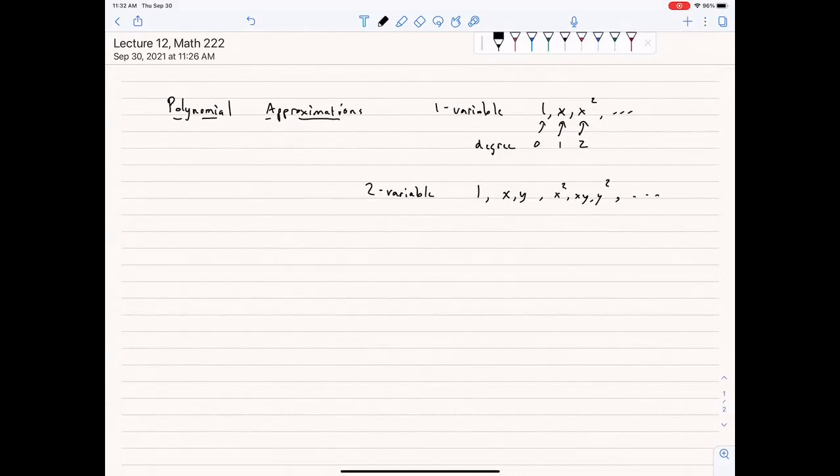And here, our degree is the sum of the exponents of the variables. So here we have degree 0, but then in degree 1, we have two possibilities, x and y. And in degree 2, we have 3. So this is the degree. And as you get larger, you get more possibilities. It's linear with two variables, but when you get to 3 variables, it becomes quadratic, the growth of the number of monomials of a particular degree.